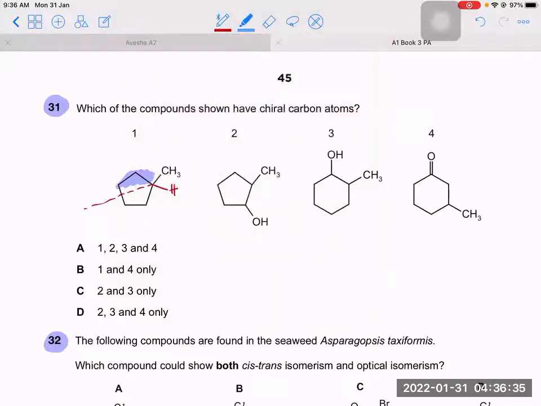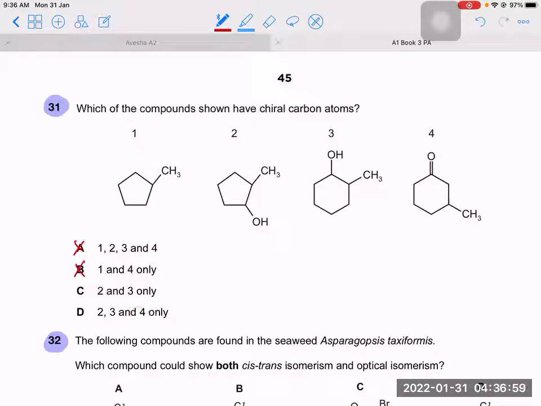On the other side also, how many carbons do you have? 2. So are they both the same? Yes. So is this chiral? No. So it can't be A, can't be B. The only thing you need to see is whether 4 is chiral or not. If 4 has a chiral carbon, answer is D, otherwise it is C.